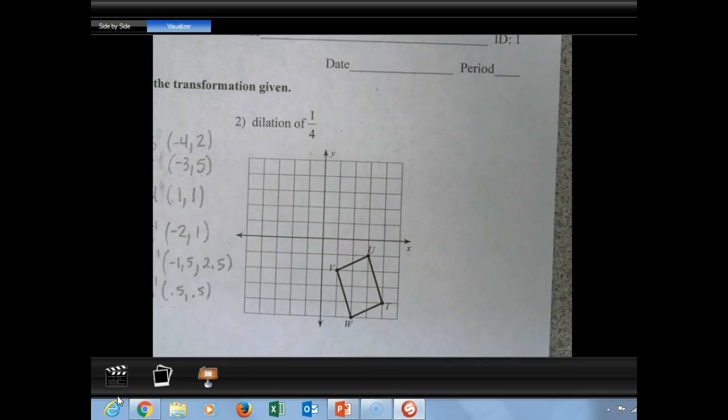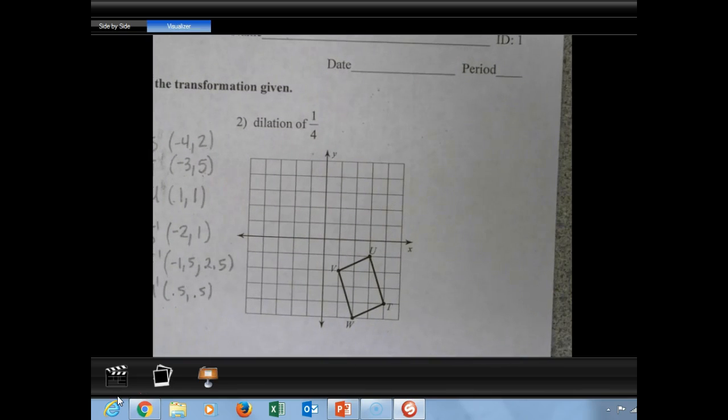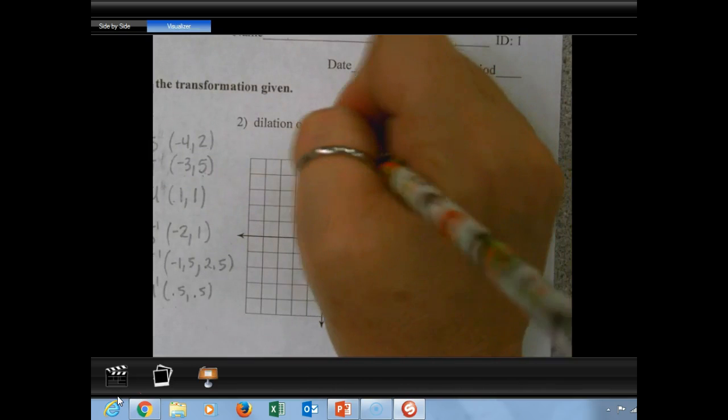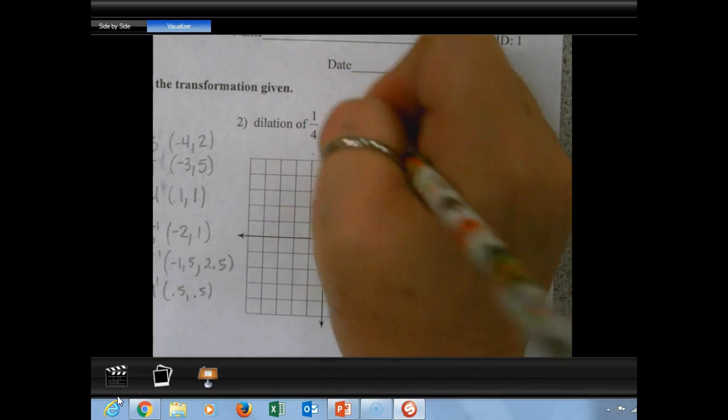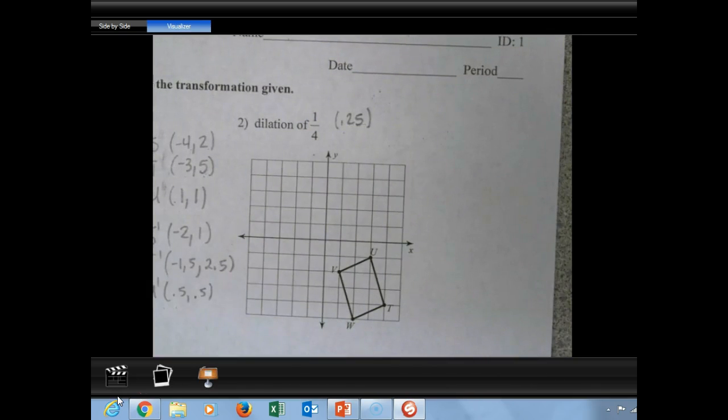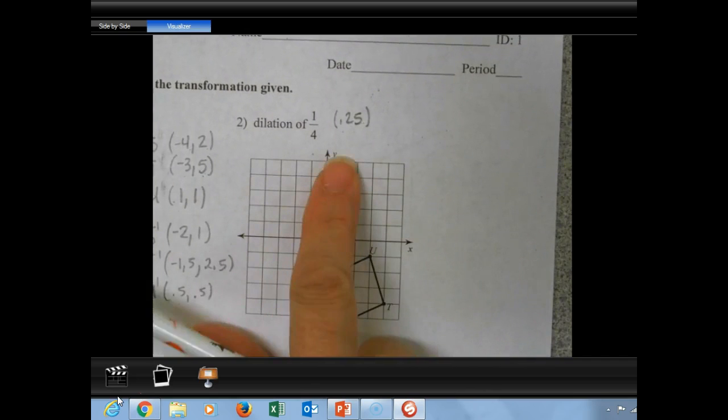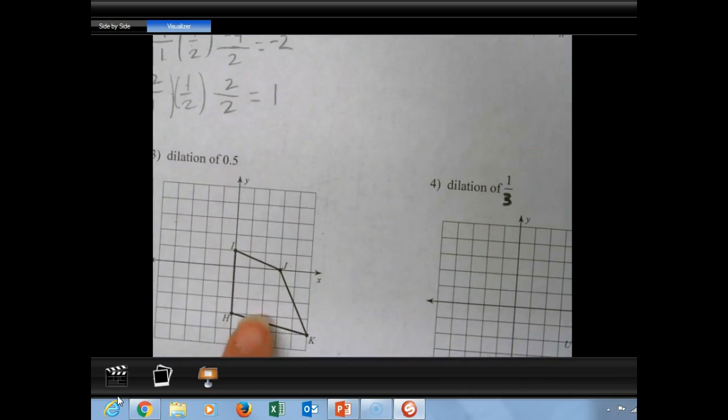Point what? That's 25 cents. So if I wanted to use a calculator to do this multiplication, I can multiply by 0.25. That is my decimal representation. This one's already in decimal form.